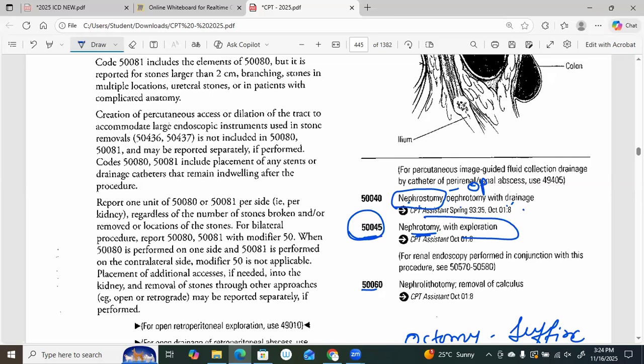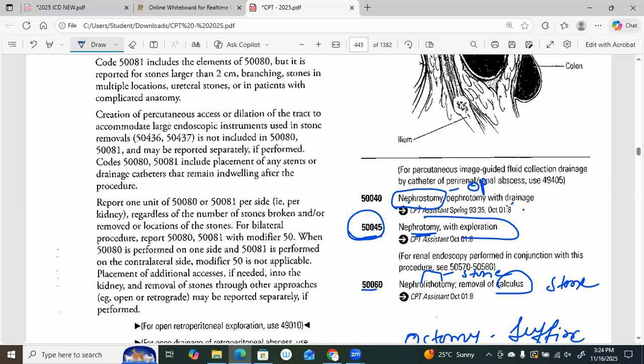Again, nephro means kidney. Whenever you see the word litho, that represents the stone. And the word calculus is also known as stone. So kidney stone. Calculus means accumulation of calcium. So that is a stone.